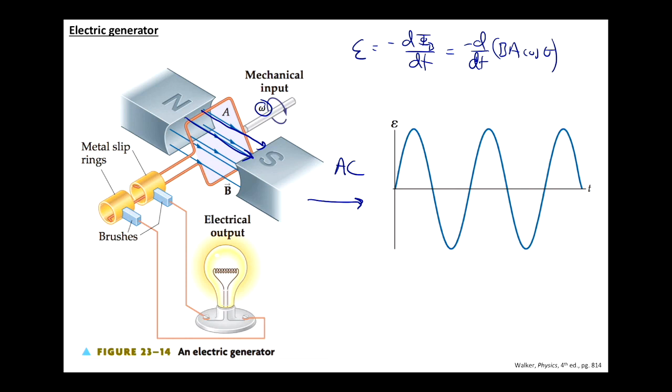So theta here is what's changing, and theta is changing because of this angular velocity omega. So if we let the initial angle be 0, we could say that theta as a function of time is equal to the starting angle, which we'll let be 0, plus omega times t.